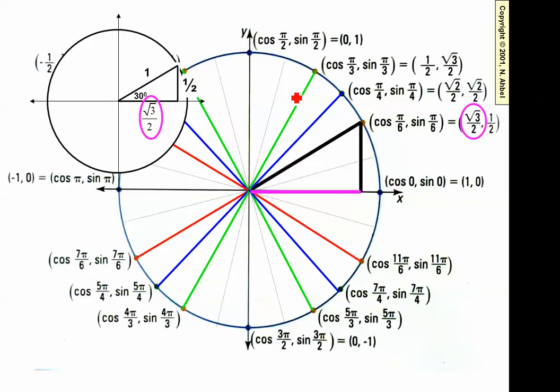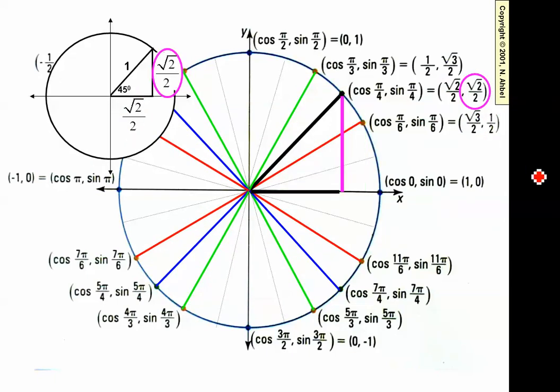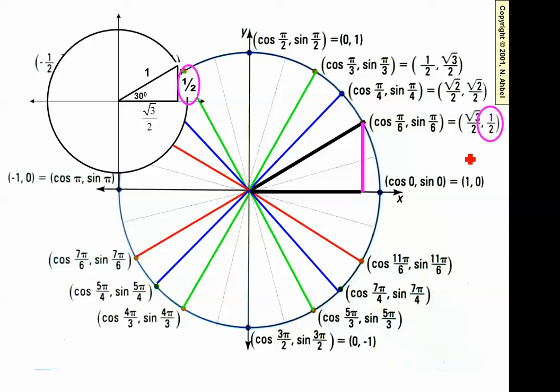So let's first of all recall this circle up here, which we were looking at a moment ago. So this is why the cosine of pi over 6 must be equal to radical 3 over 2, and the sine of pi over 6 must equal 1/2.